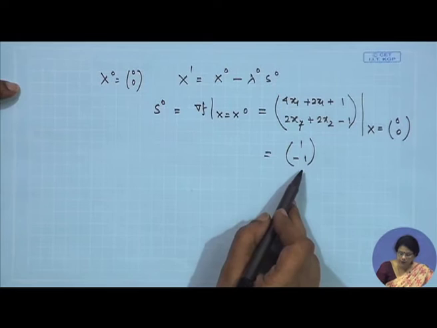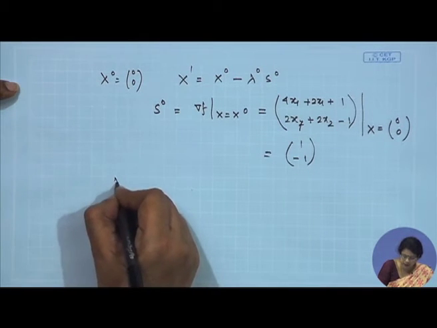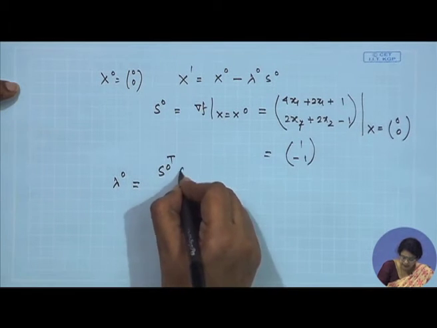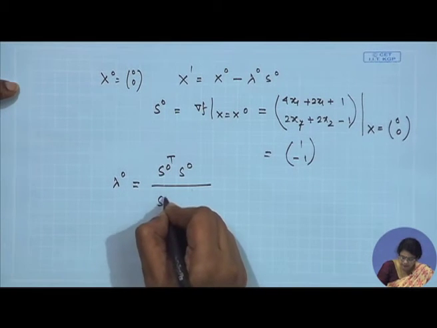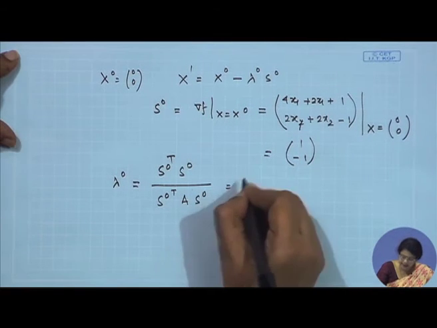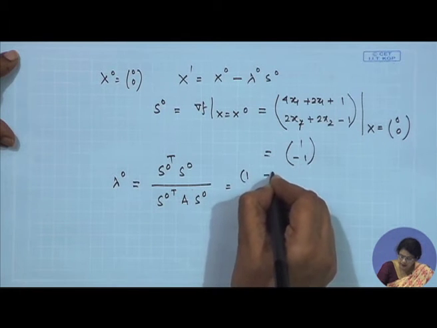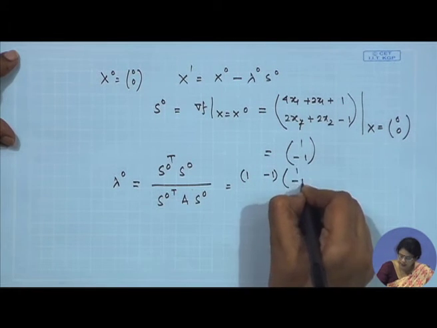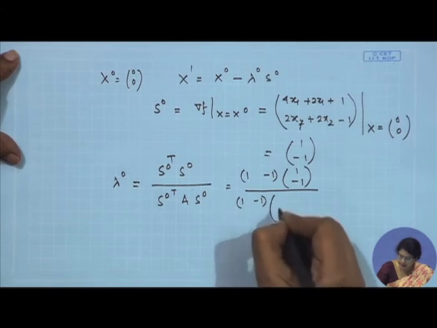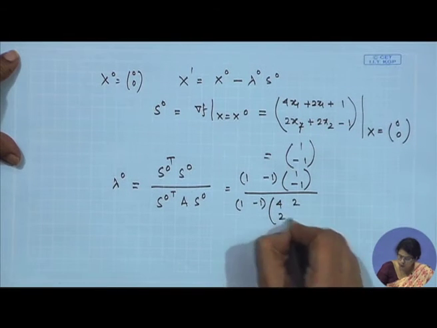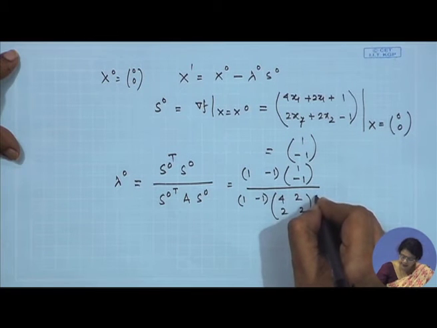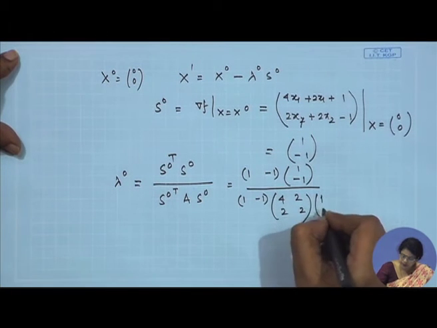Once we can calculate this value, very easily we can calculate the value of lambda 0. What is that? s0 transpose s0 divided by s0 transpose A s0. Here s0 is (1, -1), divided by (1, -1) times the matrix with rows 4 2 and 2 2 that we considered for that function, times again (1, -1).